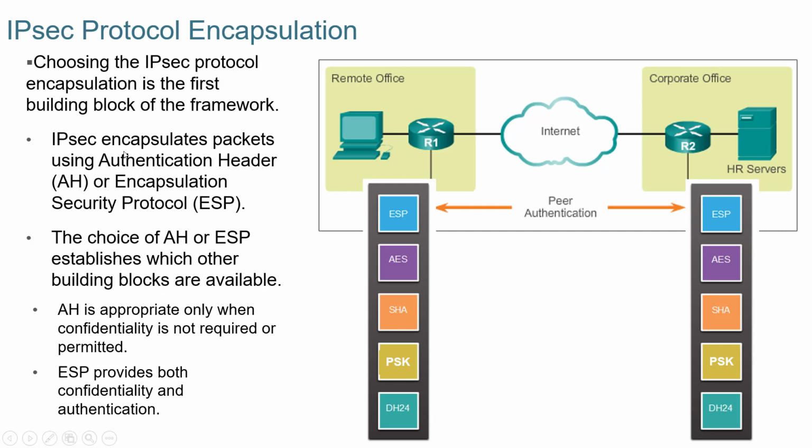You're almost always going to be using ESP. The choice of AH or ESP establishes which other building blocks are available. AH is appropriate only when confidentiality is not required or permitted. Normally we're going to use ESP. ESP provides both confidentiality and authentication.